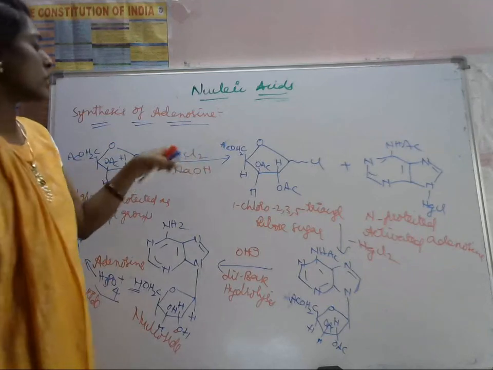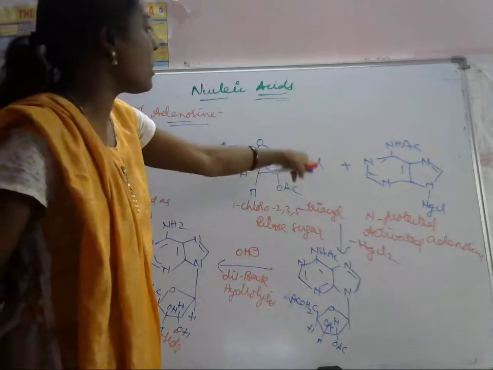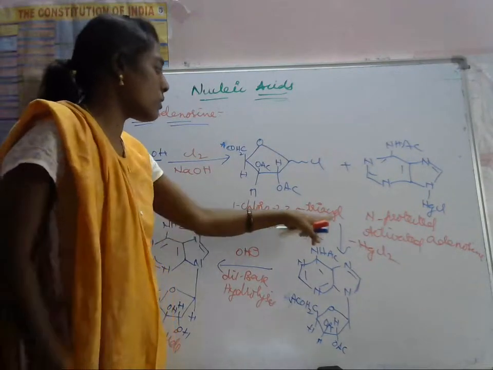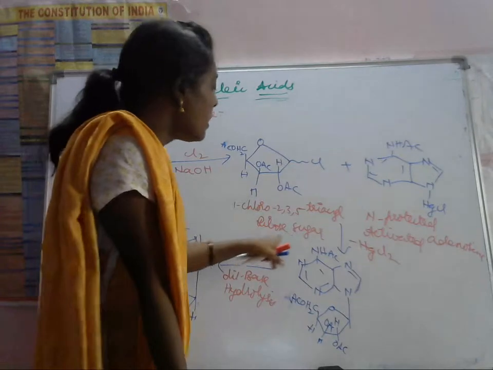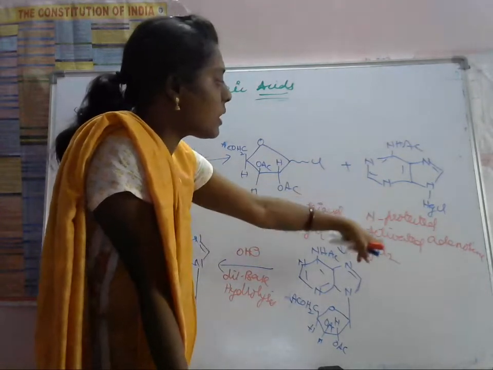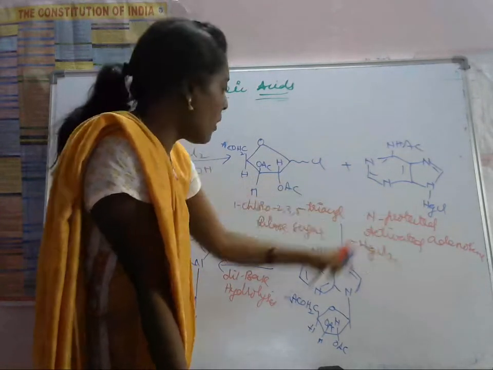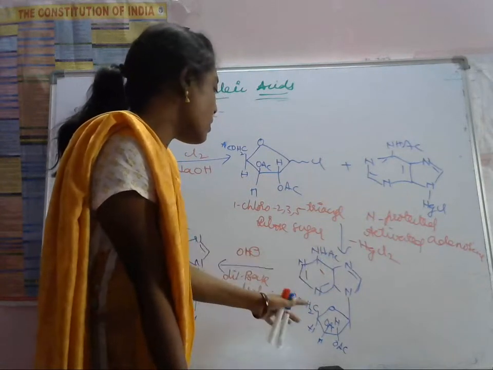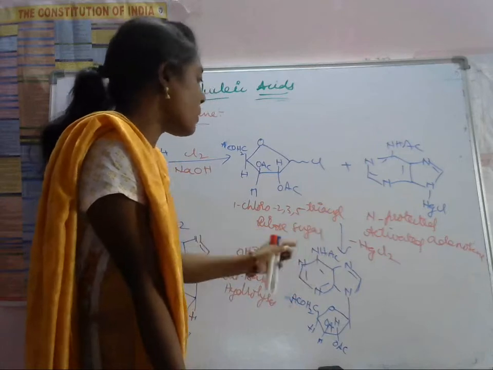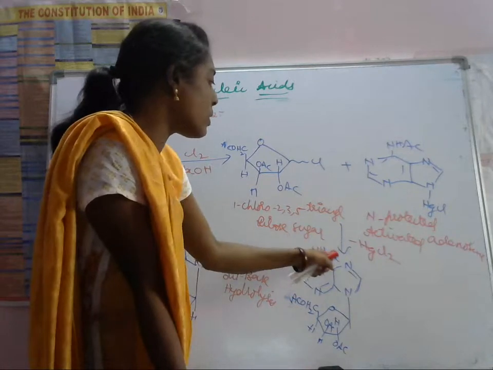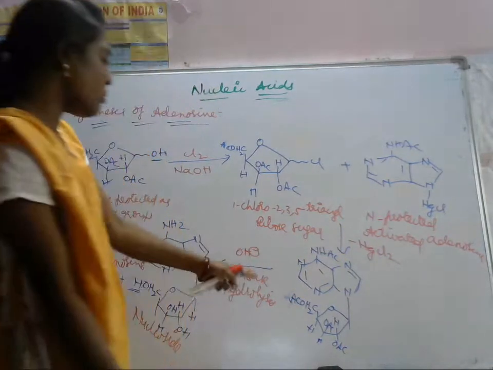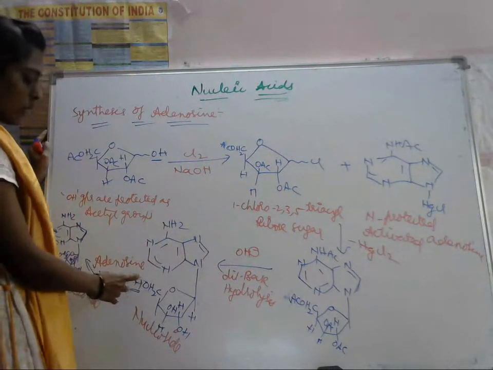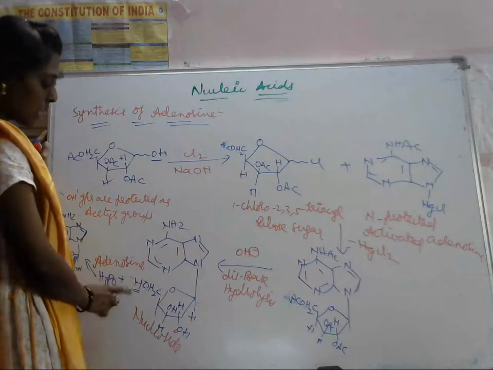When it is treated with Cl2, this OH is removed and forms Cl, called 1-chloro-2,3,5-triacetyl ribose sugar. If it is treated with N-protected activated adenine, it forms this acetylated nucleoside. Then we remove the acetyl groups with dilute base hydrolysis and we get the nucleoside.